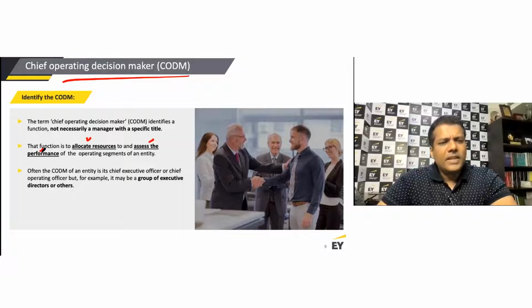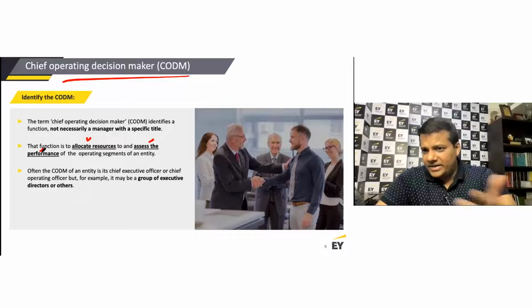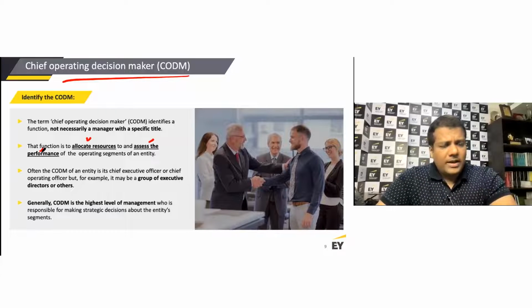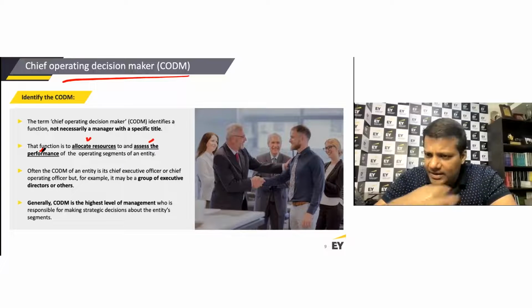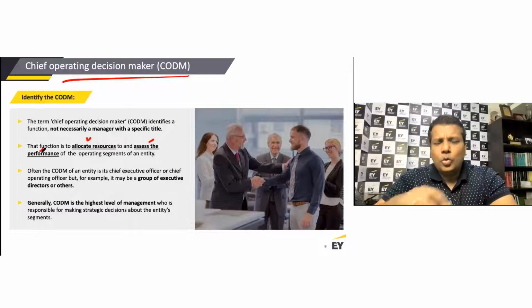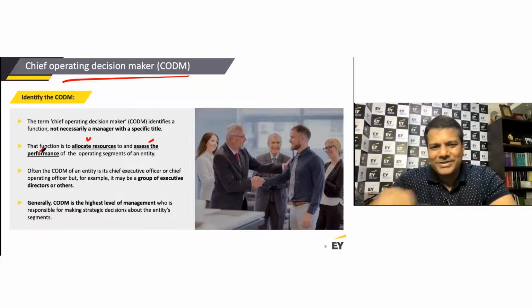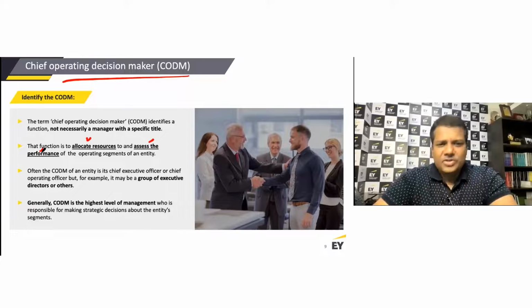Often it is the CEO or the COO, but sometimes it can be a committee as well. Generally speaking, the CODM is the highest level of management who is responsible for making strategic decisions about the entity's segments.